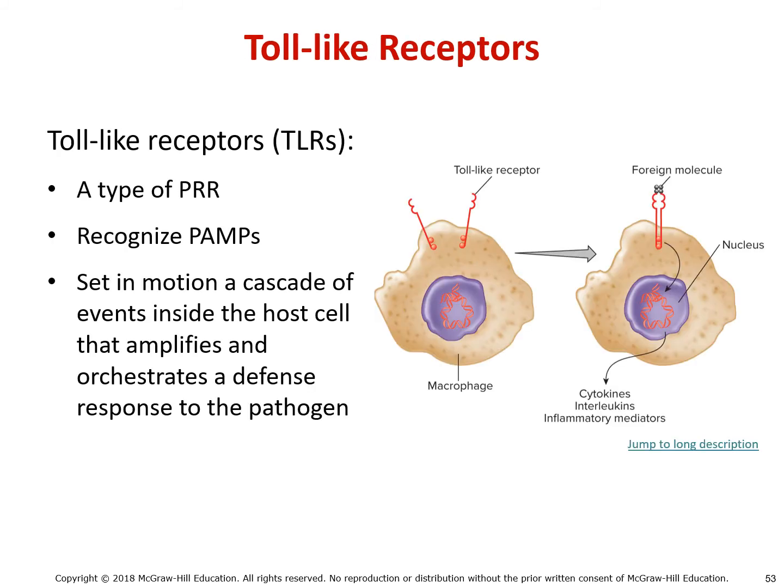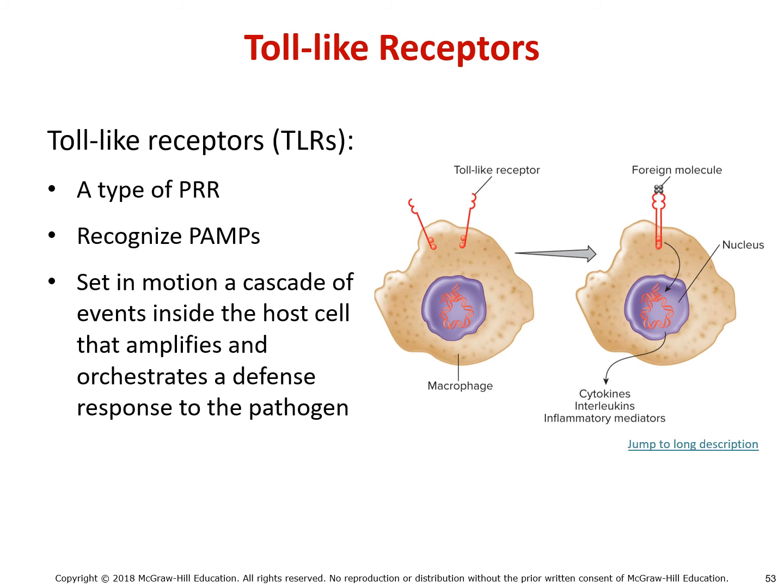But let's talk about another unique receptor called a toll-like receptor, or TLR. This is a type of PRR, or pattern recognition receptor, that recognizes PAMPs. But this does not typically then want to allow for the ingestion of the microbe, but instead releases basically a chemical cascade that sends information to lots of cells at the same time.